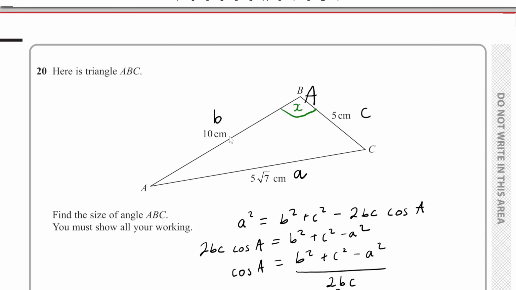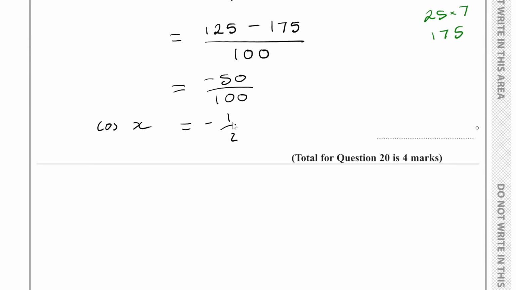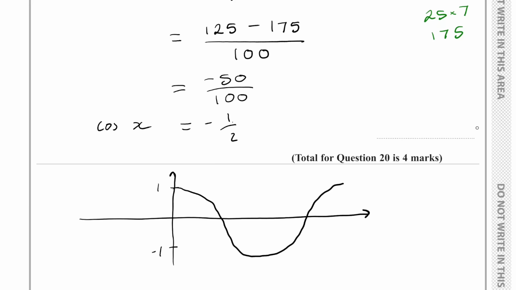And we're going to need to work that out without a calculator. So I'm going to sketch the cos graph here. Quick sketch of the cos graph. So the cos graph starts at 1, and it's shaped like this. So we've got 90 degrees here, 180, 270, 360. Where's it equal to minus a half?